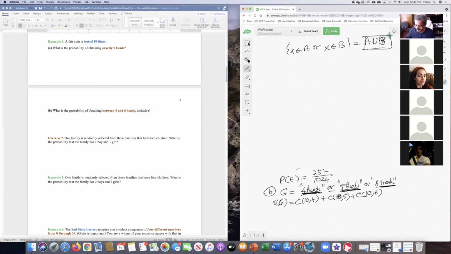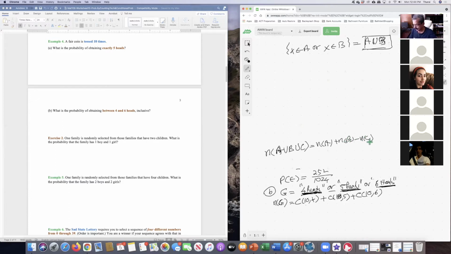So you need to take the union of those 3 events: getting 4 heads, 5 heads and 6 heads. We know the count of A union B union C, we wrote it for 2 sets, but it's true for any number of sets, is count of A plus count of B plus count of C minus the counts of the intersections.